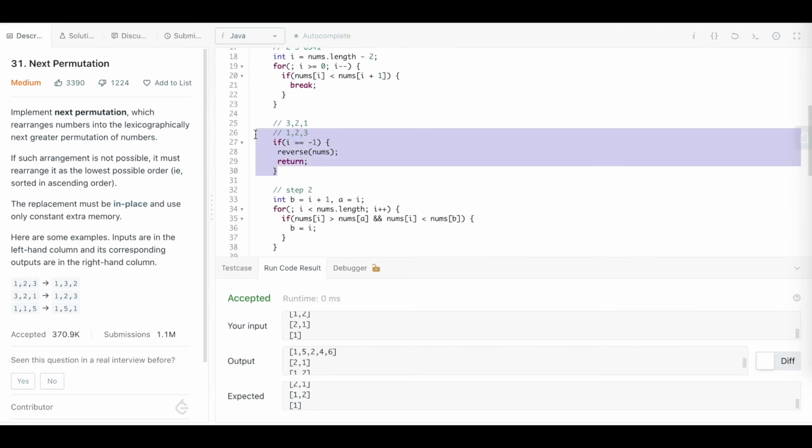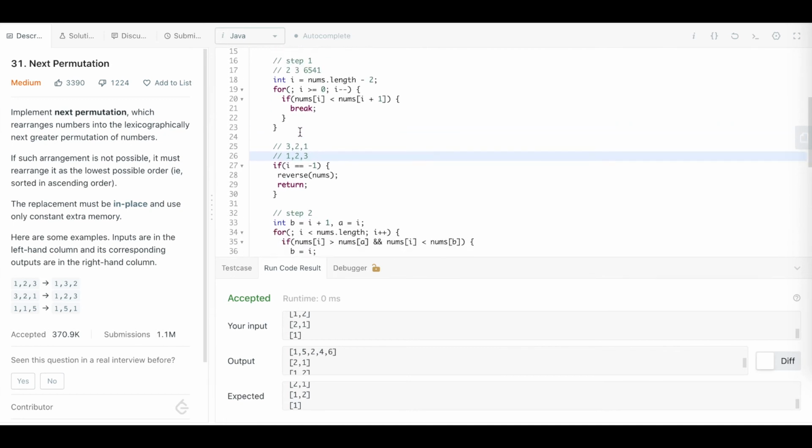And here we have an if check. This is not mentioned before. This is to deal with one corner case, where you cannot find the first digit not in increasing order from the right side. It means, like you can see here, 1, 2, 3.